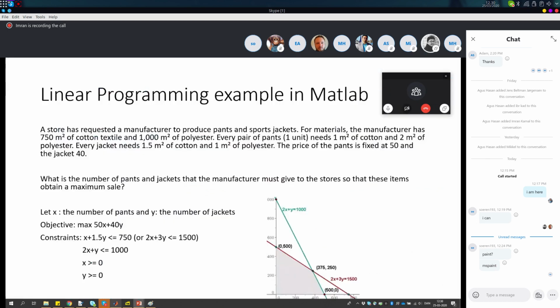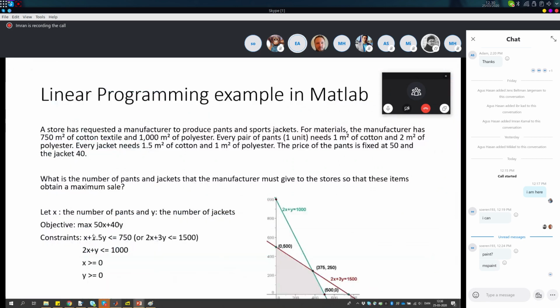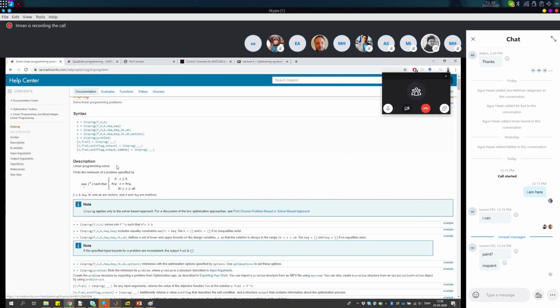So if we have this one, what is f? f is basically a vector of 50 and 40, right? So that is quite straightforward. So f is a vector of 50 and 40. And then you can also build a matrix A, and matrix A is from here.